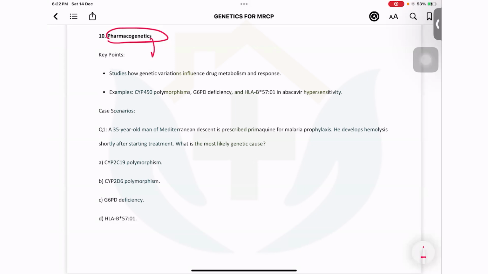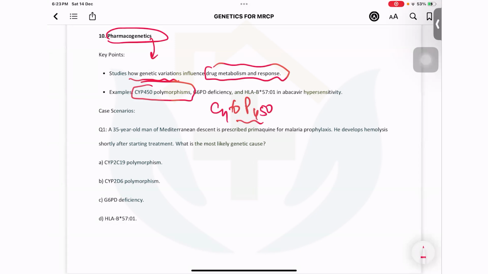So what is pharmacogenetics? It is the knowledge of how genetic variations influence drug metabolism and the response to them. For example, there are many polymorphic forms of cytochrome P450. It is one of the most famous enzymes and has polymorphism, so it is an excellent example for pharmacogenetics.